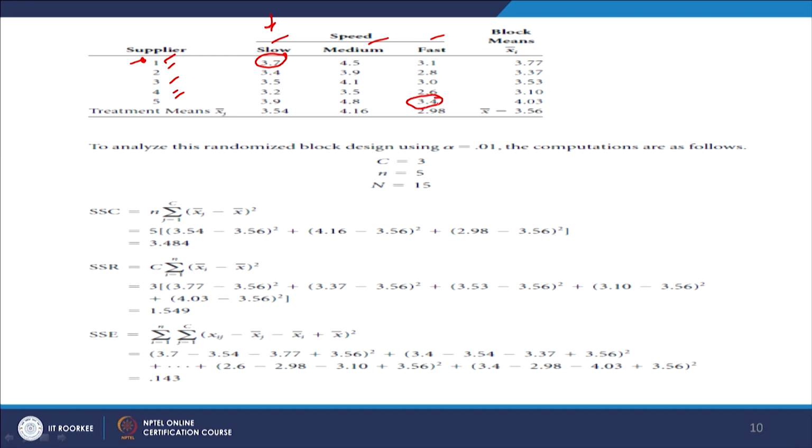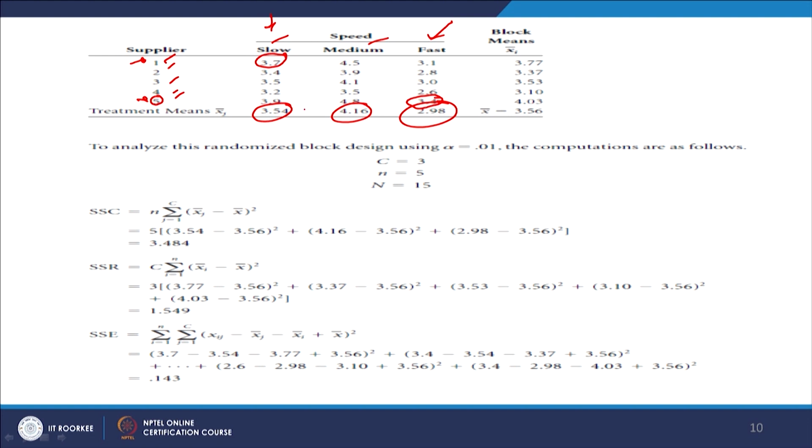The tread wear, the measurement or the dependent variable tread wear when the speed was fast and the tire was made from raw material supplied by supplier number 5. So, we have to find out, is there any significant difference in these means. So, that is the question, right.